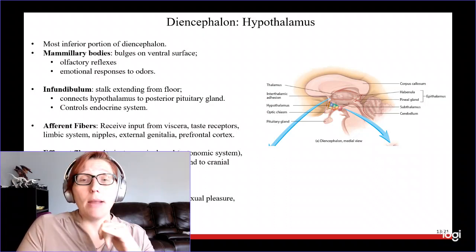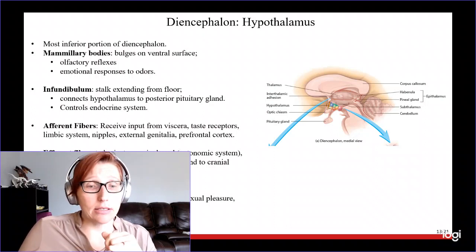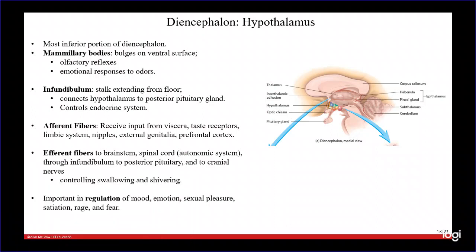But again, the hypothalamus, you can't see it, is super important in regulating mood, emotion, sexual pleasure, part of that lizard brain, satiation, rage, fear. So make sure that you have these straight and you understand the different portions of the diencephalon and how they work with one another.